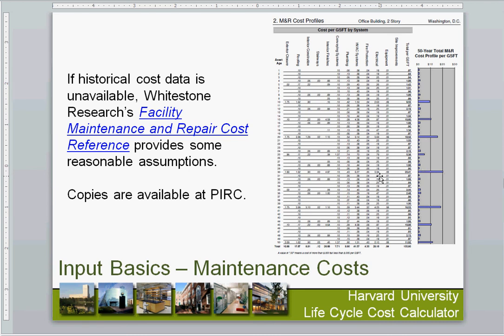driven, it seems, by a lot of electrical work and a couple of other things, but these are costs per square foot. And look at these costs per square foot. Most years it might be $1 or so, but on these big years, we're seeing over $20, $19, $10. These are substantial costs.